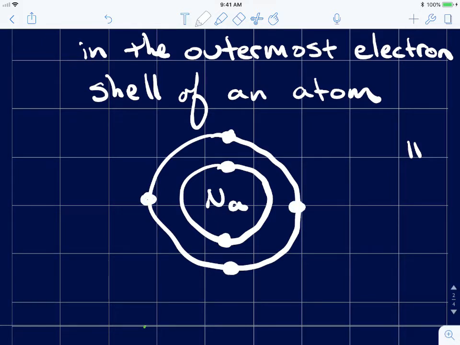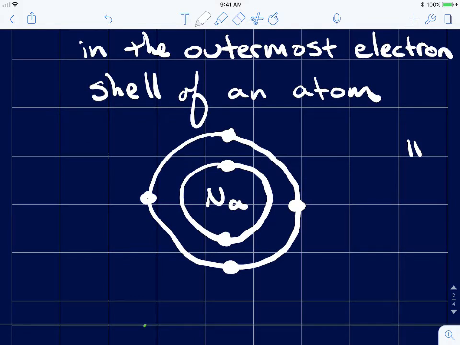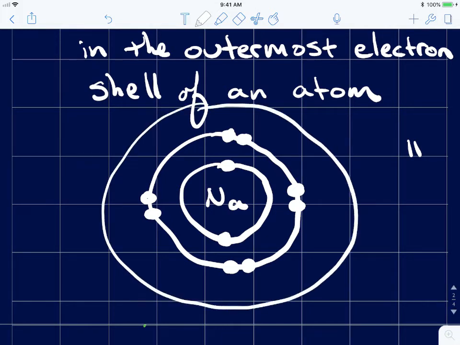Now we have to double up because the seats are full. So we have 4 electrons in our second shell right now, 5, 6, 7, 8. Now it's full, so we need to go to our third shell. We need to get to 11, remember, so right now we're at 8.